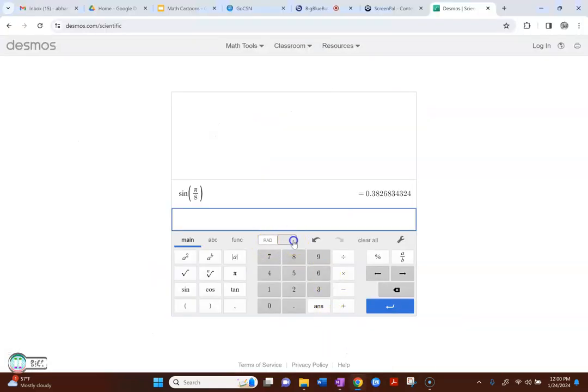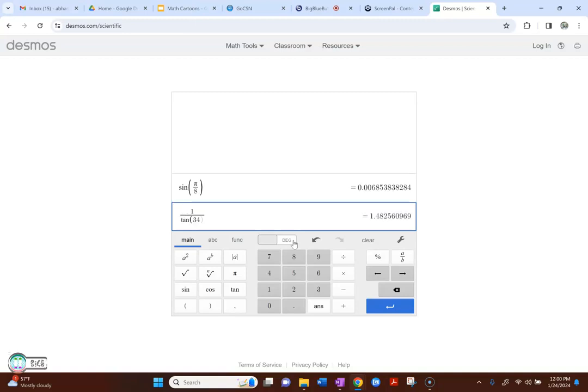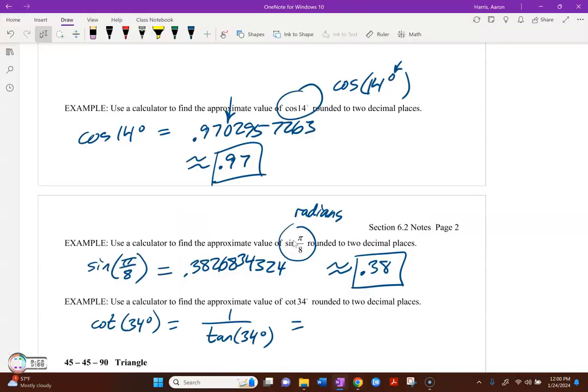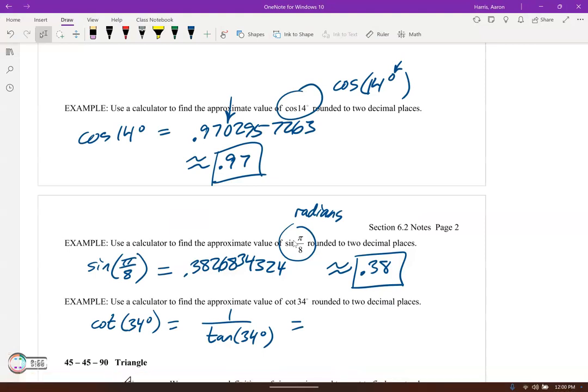Make sure I'm back in degrees. 1 divided by a tangent of 34, and I get 1.48256, and so on. Looks like I can leave it right there, 1.48.